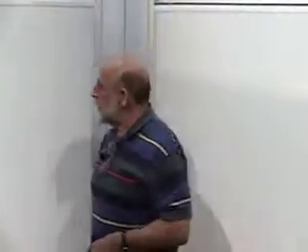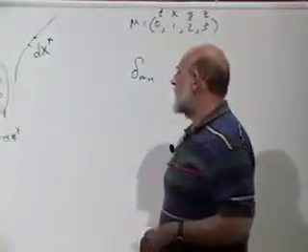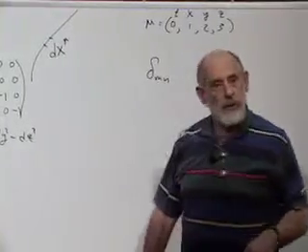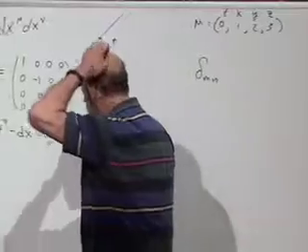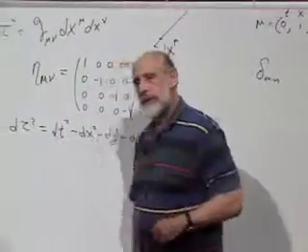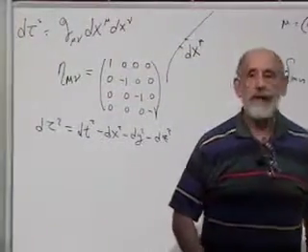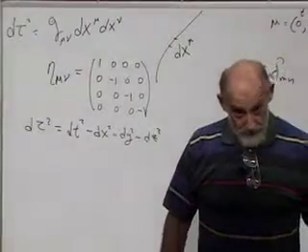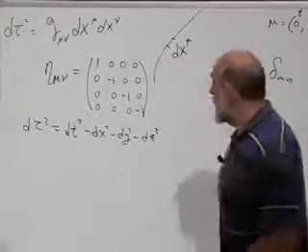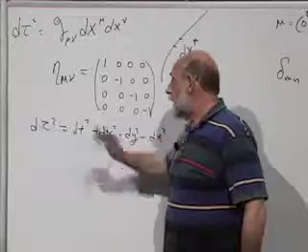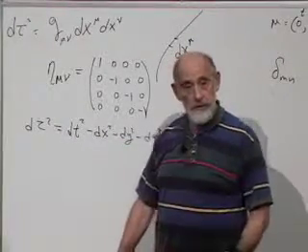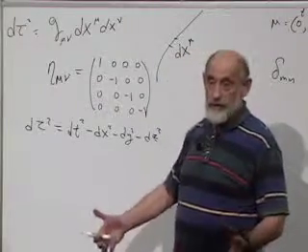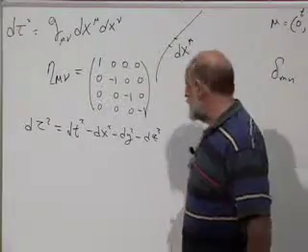Where would I put the speed of light if I wanted to include it in this formula? Well, if I wanted tau, which is called proper time, to have units of time, not of space, then I wouldn't want to put the speed of light in front of dt squared, because the speed of light has units of velocity, kilometers per second.